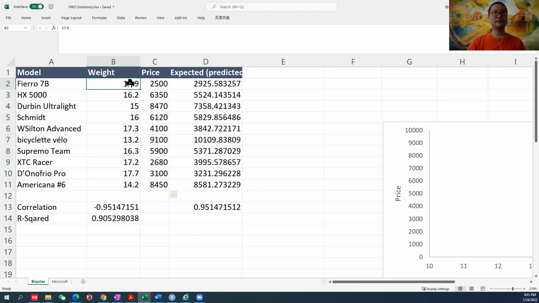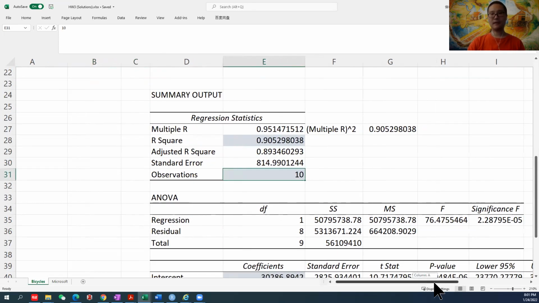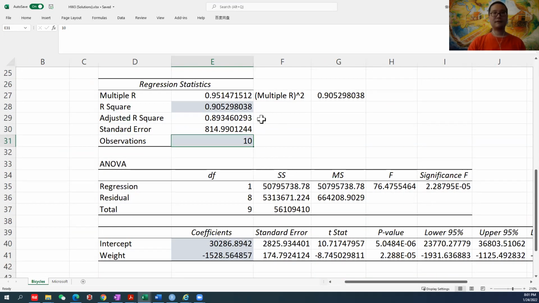Excel automatically treats the first row, the first observation, as the name of the variable, so suddenly they lose one of the observations. So make sure the model you run in Excel actually uses the desired number of observations. All right. Excellent. Thank you, John. Can someone tell us what the standard error refers to?